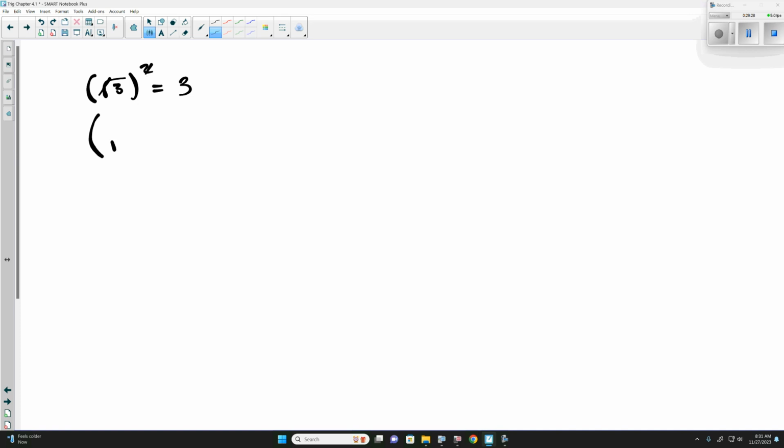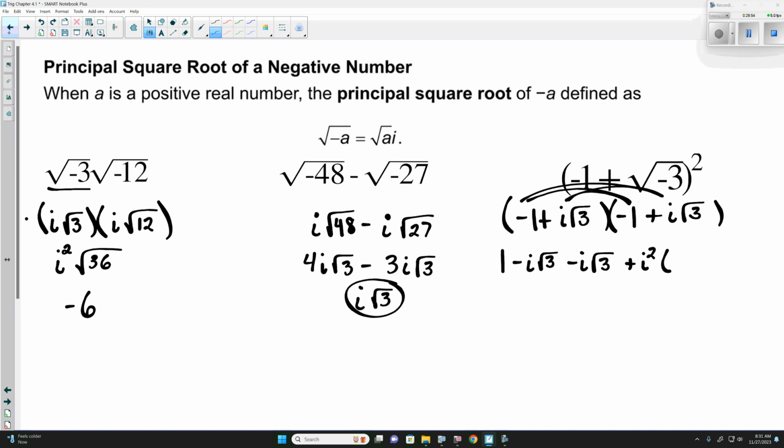Or we could say that it is the square root of 3 squared. Again, square root and square would cancel, giving us 3. And this last one's kind of going off the previous one. 3 times 3 is 9. Square root of 9 is still 3. So we're really saying that we have 3 here.